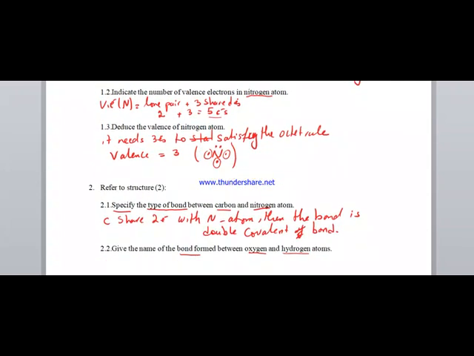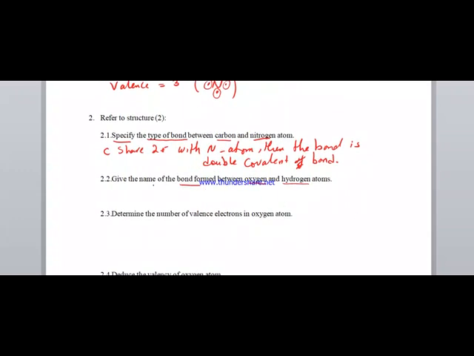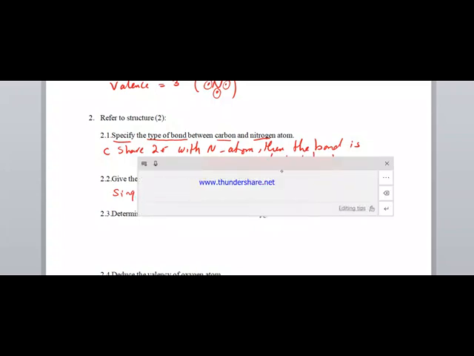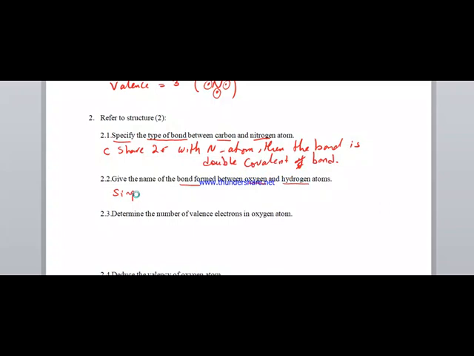So the type of bond between oxygen and hydrogen is a single covalent bond.